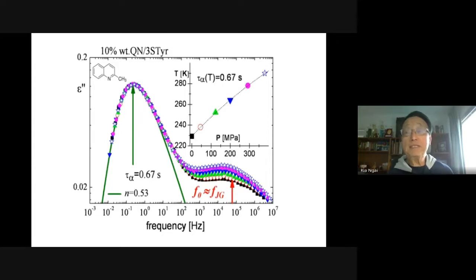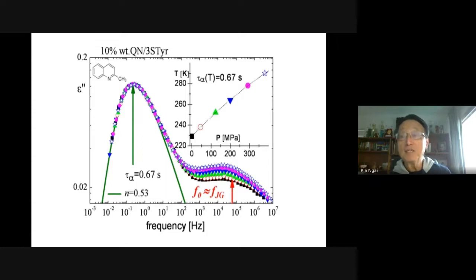And then you go to the alpha beta, which is the JG beta. Wow, they are also in the same place. Now this is no simple thing, because you never expected that, but it's true by experiment, and also predicted by, or consistent with, the coupling model.